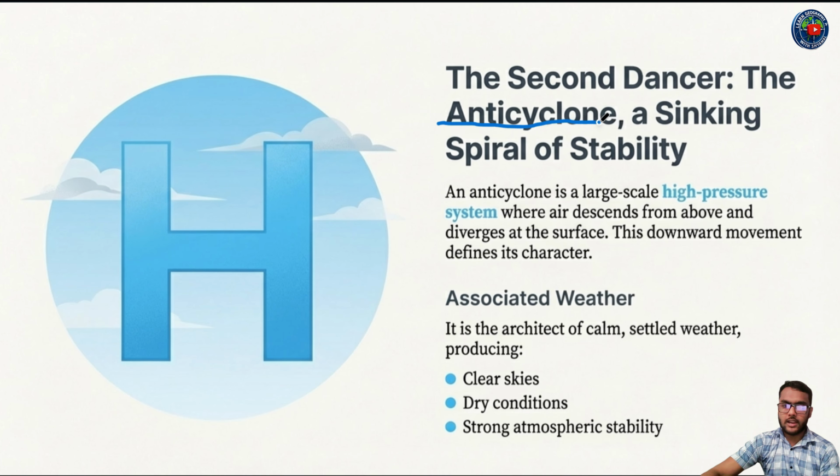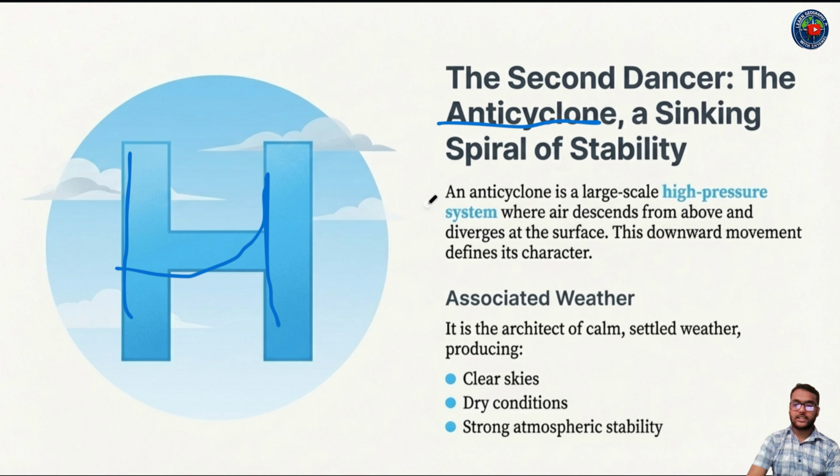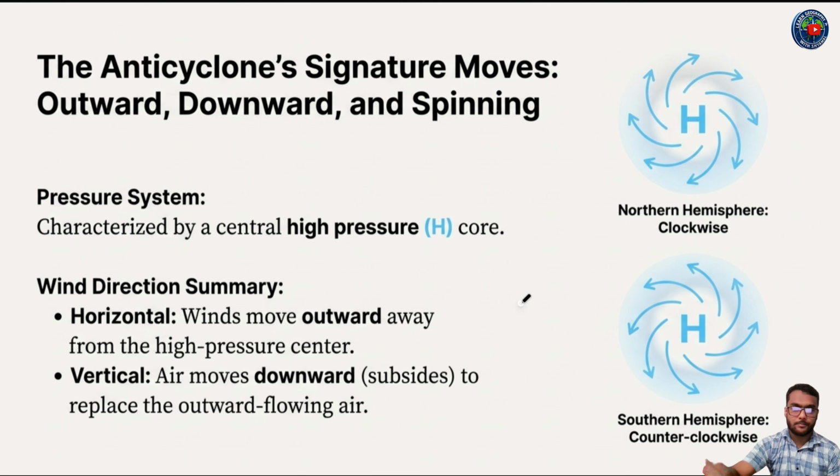Secondly, the anticyclone. An anticyclone is the opposite of a cyclone. It comes from a high pressure air system. An anticyclone is a large scale high pressure system where air descends from above and diverges at the surface. This downward movement defines its character. Associated weather: it is the architect of calm, settled weather, producing clear skies, dry conditions, and strong atmospheric stability.